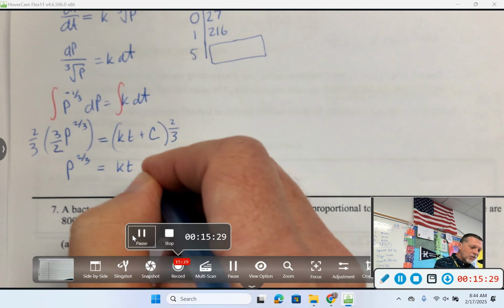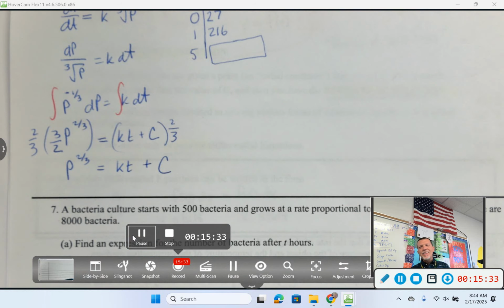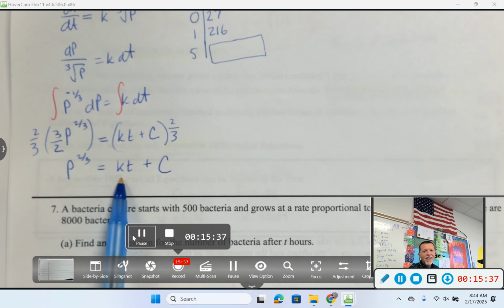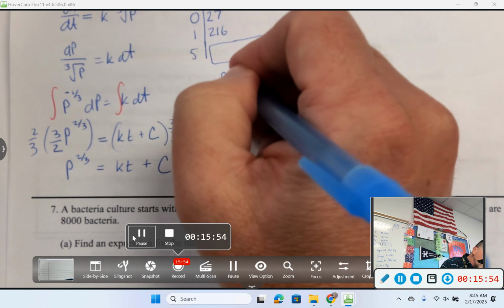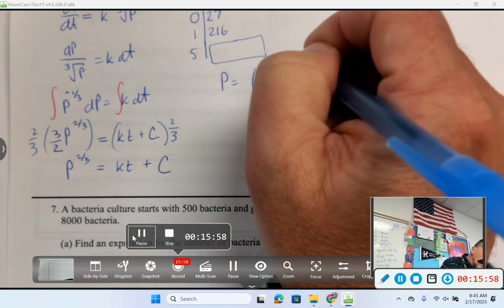KT. And what's 2/3 of C? C. Now that's a little bit misleading because this K is now not the same as this K, and this C is not the same as this C, but it doesn't really matter because we haven't figured out what they are yet. Again, if that bugs you, then label them something else or put a subscript on them. Okay, that means that P is equal to KT plus C to the 3/2.